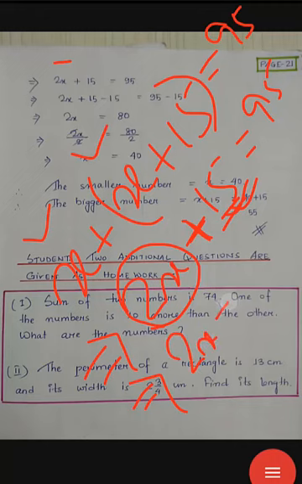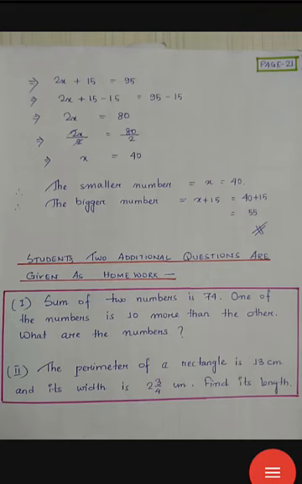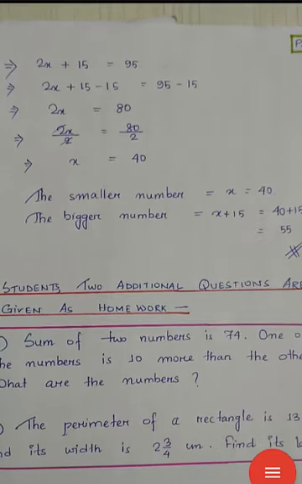So it will be twice x plus 15 minus 15 is equal to 95 minus 15. So this 15 minus 15 got cancelled. Only twice x is left behind, while on the other side 95 minus 15 we got the result as 80.